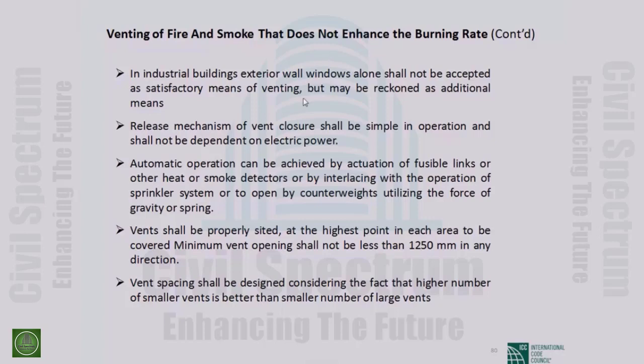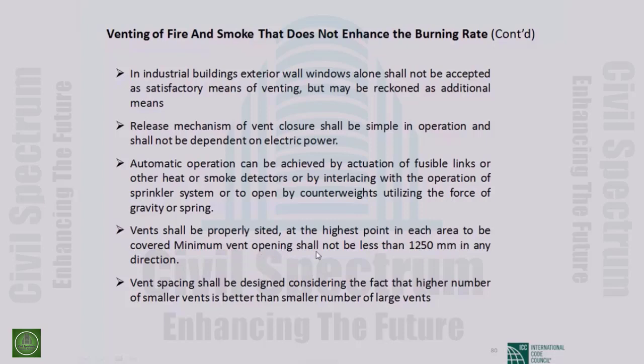The releasing mechanism of the vent closure shall be simple in operation and shall not depend on electric power. Automatic operation shall be achieved by actuation of fusible links or other heat or smoke detectors, by interlocking with the operation of the smoke system, or by opening with counterweights utilizing the force of gravity or springs. Vents shall be properly located at the highest point of each area to be covered.